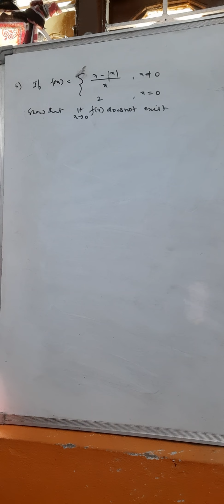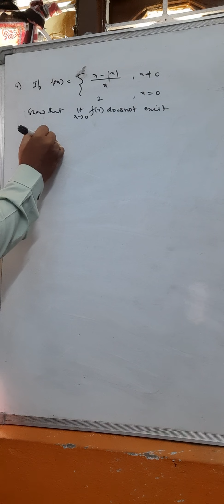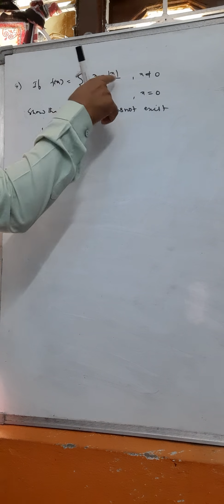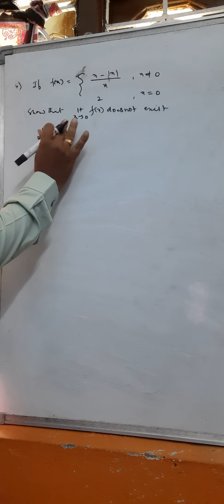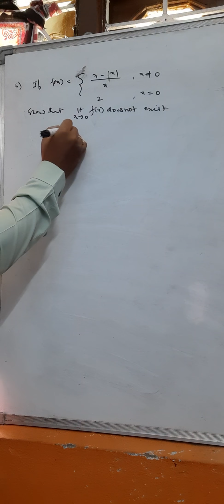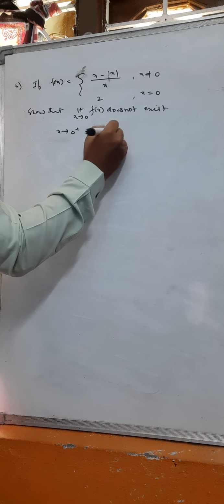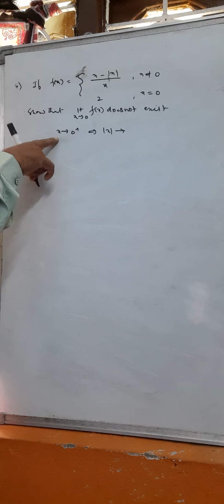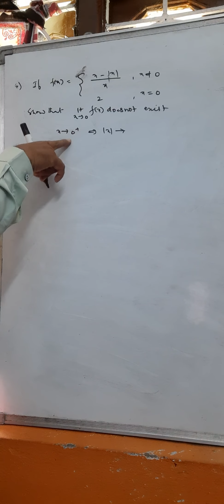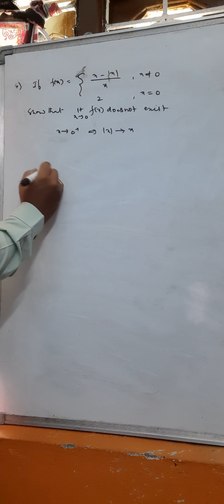So next problem: if f of x equals x minus mod x by x if x is not equal to 0, and 2 if x is equal to 0, show that limit x tends to 0 f of x does not exist. Let me see mod x. If x is tending to 0 plus, then mod x gives plus x.